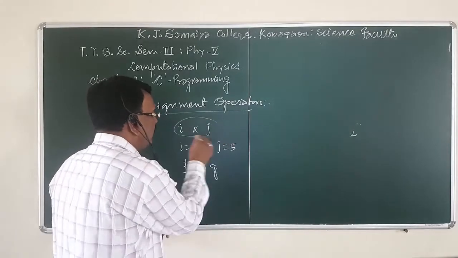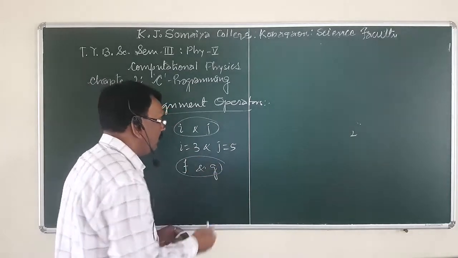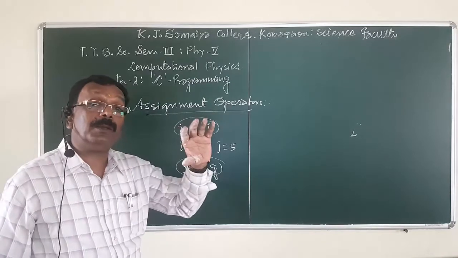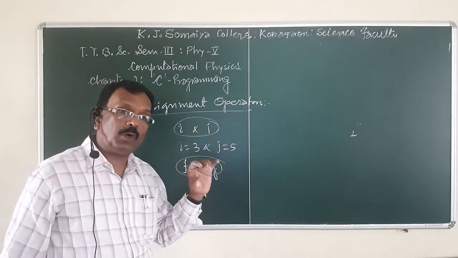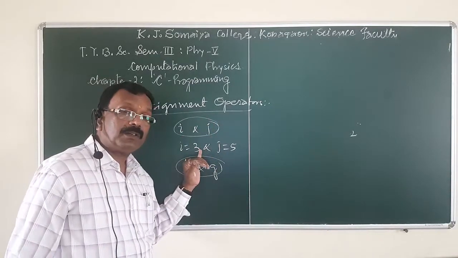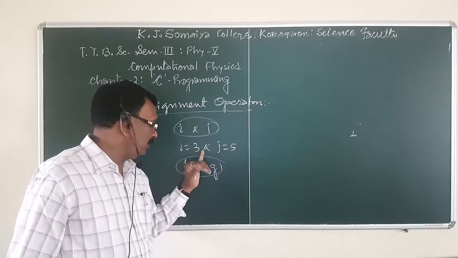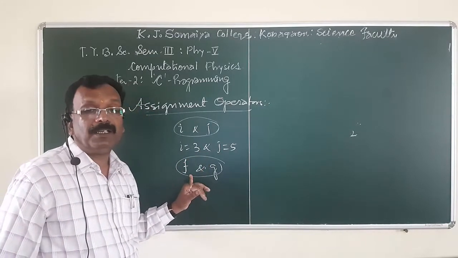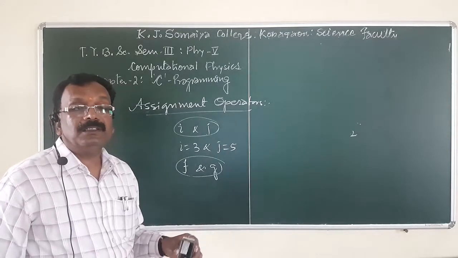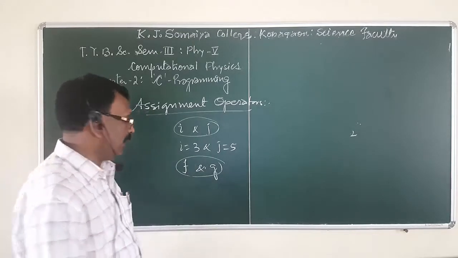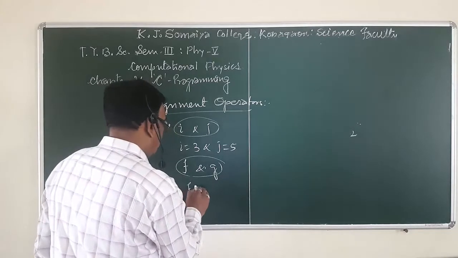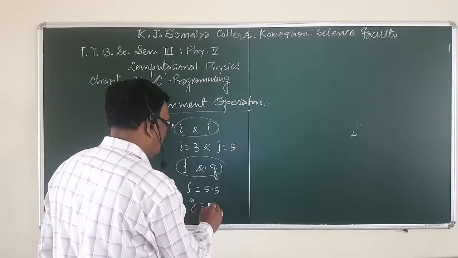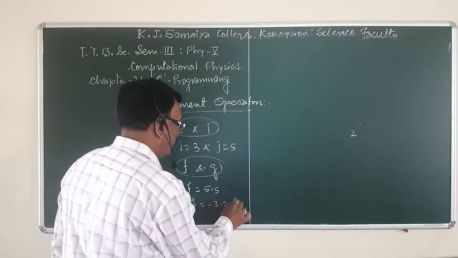These are the integer variables and these are the floating variables. The integer variables hold whole number values, while these variables are floating point variables and hold real values, that is f is equal to 5.5 and g is equal to minus 3.25.